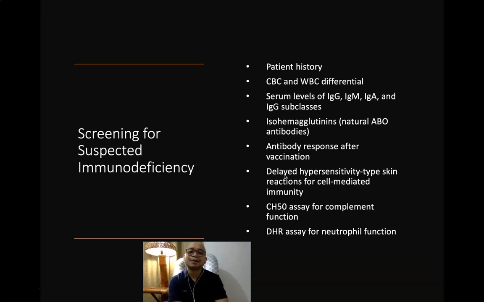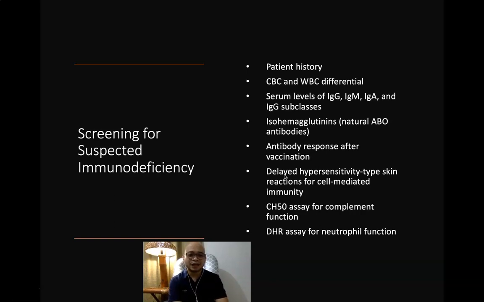And then isohemagglutination to screen for the natural ABO antibodies. And then antibody response after vaccination will also be possible.